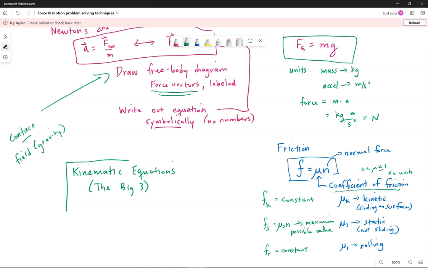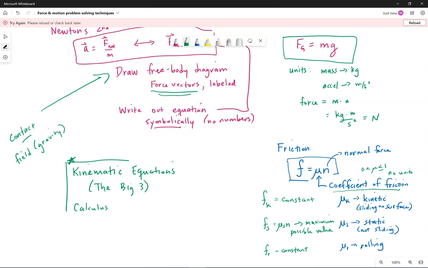Technically, if we have varying forces, the acceleration will vary, which means we would need the calculus relationships between position, velocity, acceleration. I don't really give you problems to solve with that because this is new and can be challenging to begin with anyway. So keep in mind kinematic equations if you are given velocity or distance or time or asked for that.